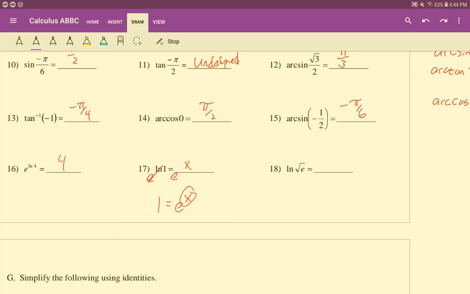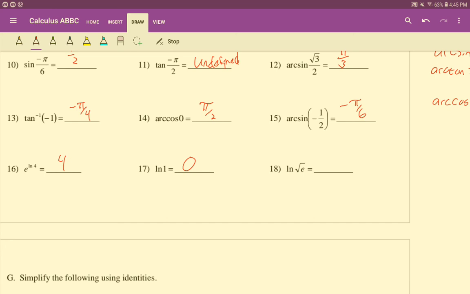Any number to what power is going to give us a 1? Well, it's going to be 0, right? So the answer here should be 0. Okay? Because e to the 0 gives us 1. Okay? Technically, 0 to the 0 does not give us 1, but that's another story for another time.